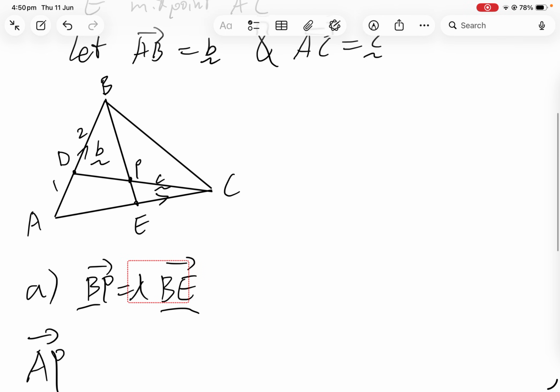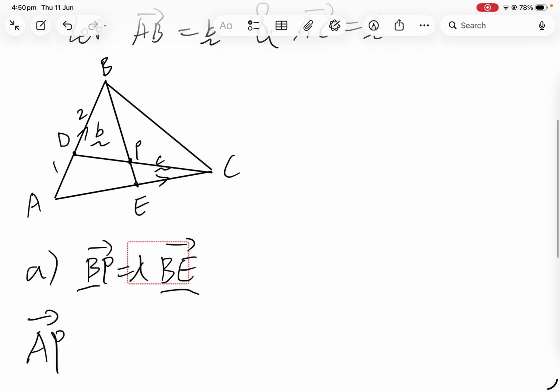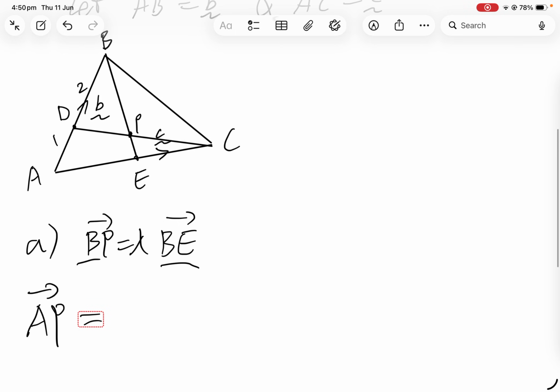BE will definitely not get us to P because it just goes over P. So we're definitely gonna use BP, and that's what they want. So to get AP, we have to do AB plus BP.